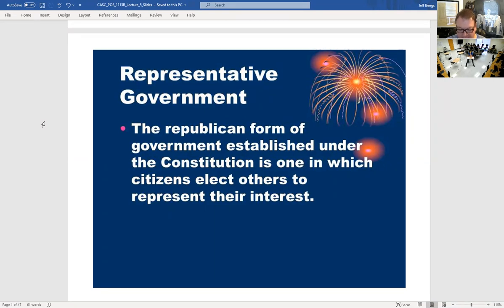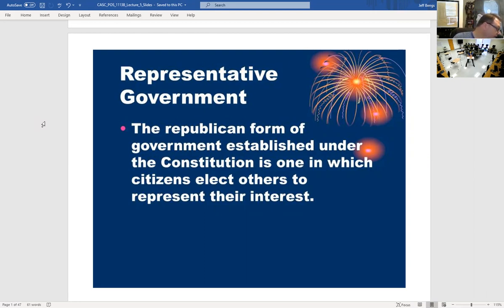And this is on the bottom of page 49: in order to have a representative government, there must be individual liberty. People need to be able to express themselves freely.